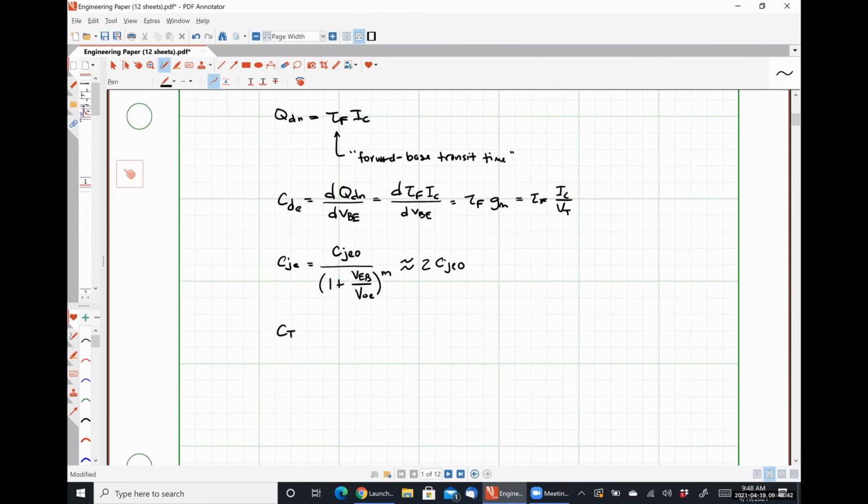So C pi is then simply CDE plus CJE. And depending on where we're operating along this guy's bias curve depends on which one of those two properties are going to be more dominant. We'll talk about that a little bit later.